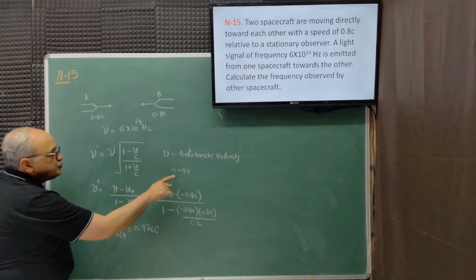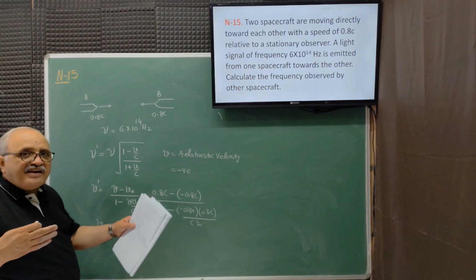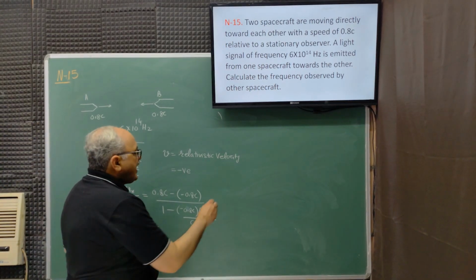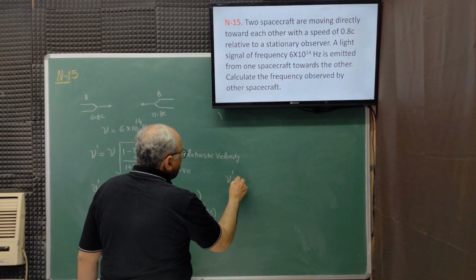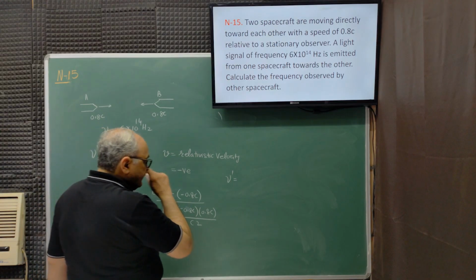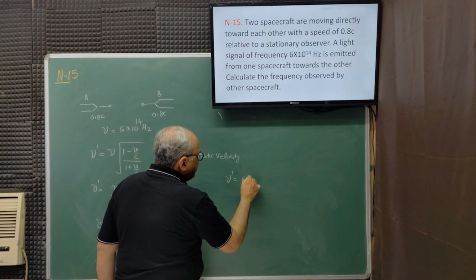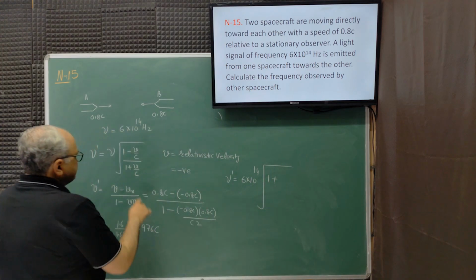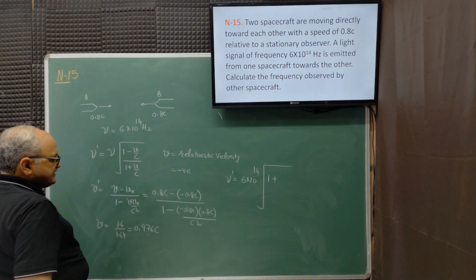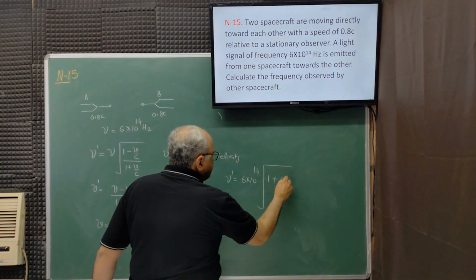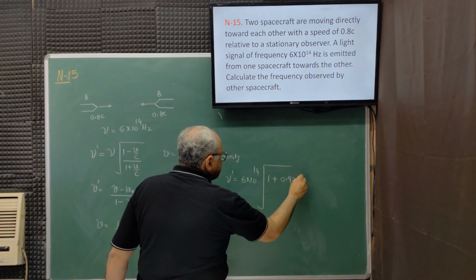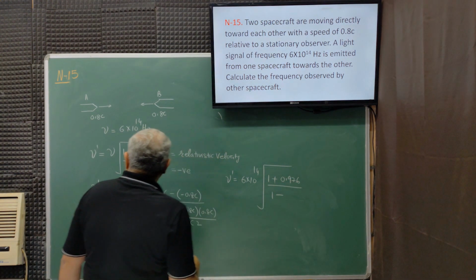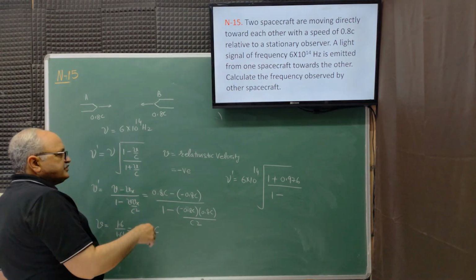But since we have to use it with the negative sign as they are approaching each other, the apparent frequency observed is going to be 6 into 10 to the power 14 under root of 1 plus 0.976 divided by 1 minus 0.976. The negative v makes this plus, and here it becomes negative.